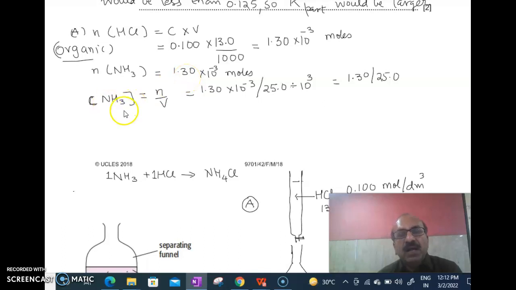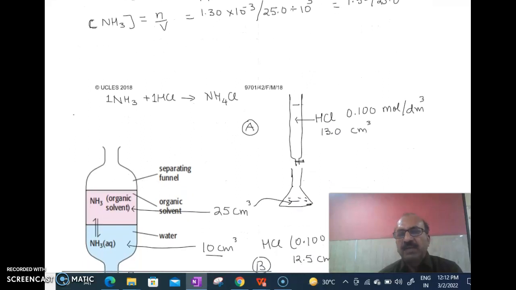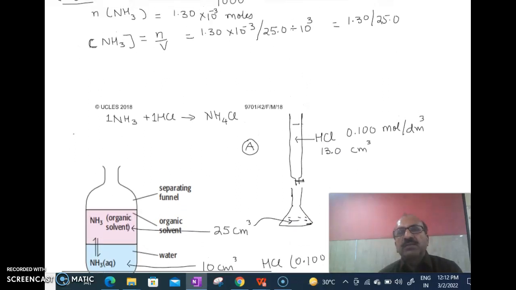But we need the concentration of ammonia, so we divide by the volume. We had taken a volume of 25 cm cube, so we divide by 25 and by 10 raised to 3 to convert to dm cube, and we get 1.30 divided by 25. This is the concentration of ammonia in the organic layer.